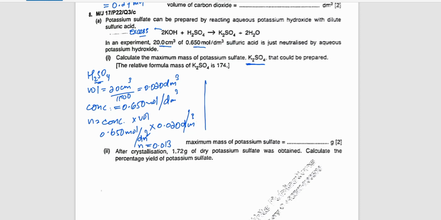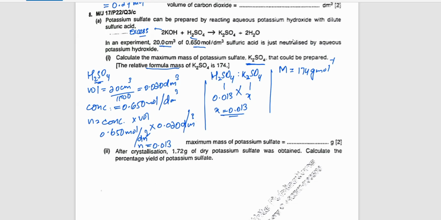Okay, by using this we can find out the potassium sulfate. Now let's compare H2SO4 with potassium sulfate. So 1 mole of this forms 1 mole of potassium sulfate from the balanced chemical equation. And if we have used 0.013 moles of H2SO4, what will be its amount? So the same 0.013 moles of this will be produced. So when we have its number of moles, we can find out its mass. We know its relative formula mass. Molar mass is equal to 174 gram per mole.